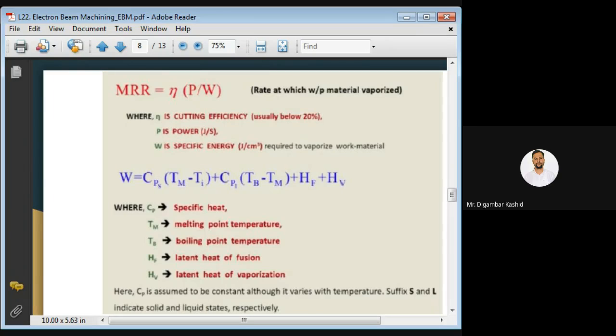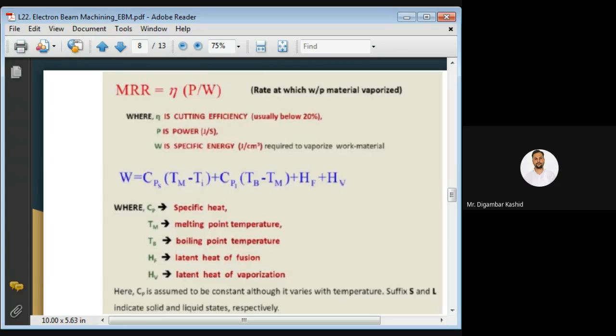Cp S is there and then Cp L is there. Now that suffix S, L means what? It indicates the solid and the liquid states. And then plus HF and HV. Now Cp means the specific heat, Tm means the melting point temperature, and Tb is the boiling point.